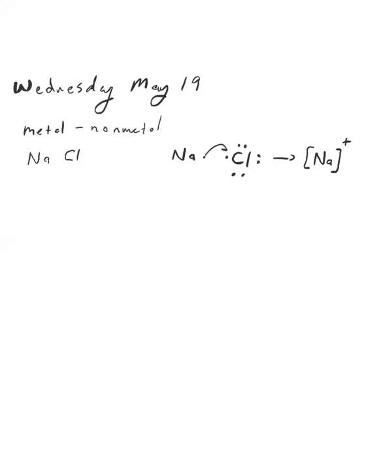It's a cation. Likewise, because the chlorine has now accepted that 8th electron, right? It had 7, now it has 8. It now is an ion, but it's a negatively charged ion. It's an anion, right? And so now what do we have? We have an ionic bond.